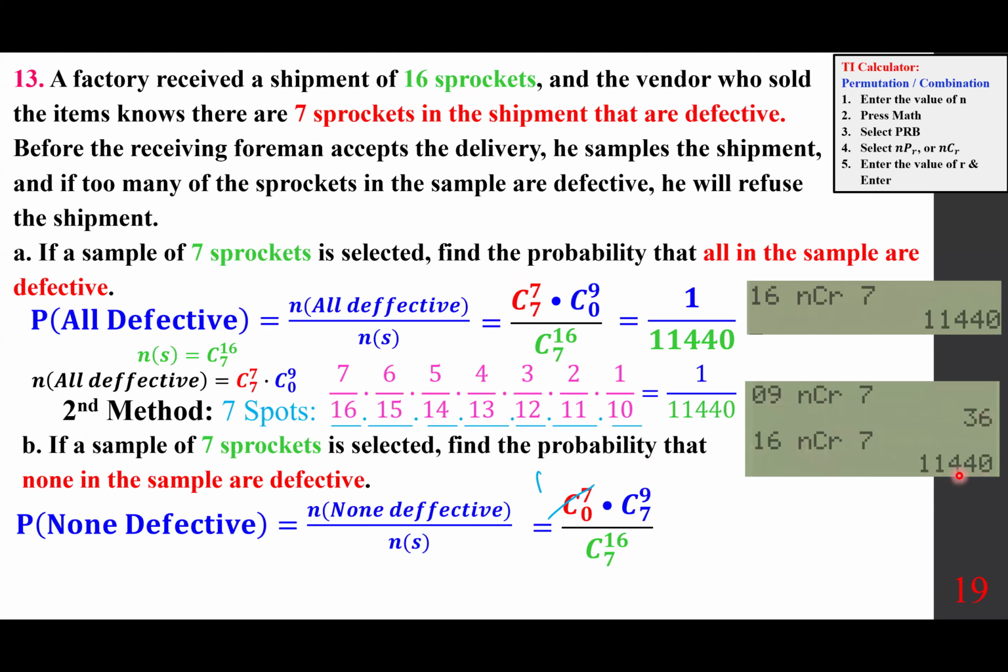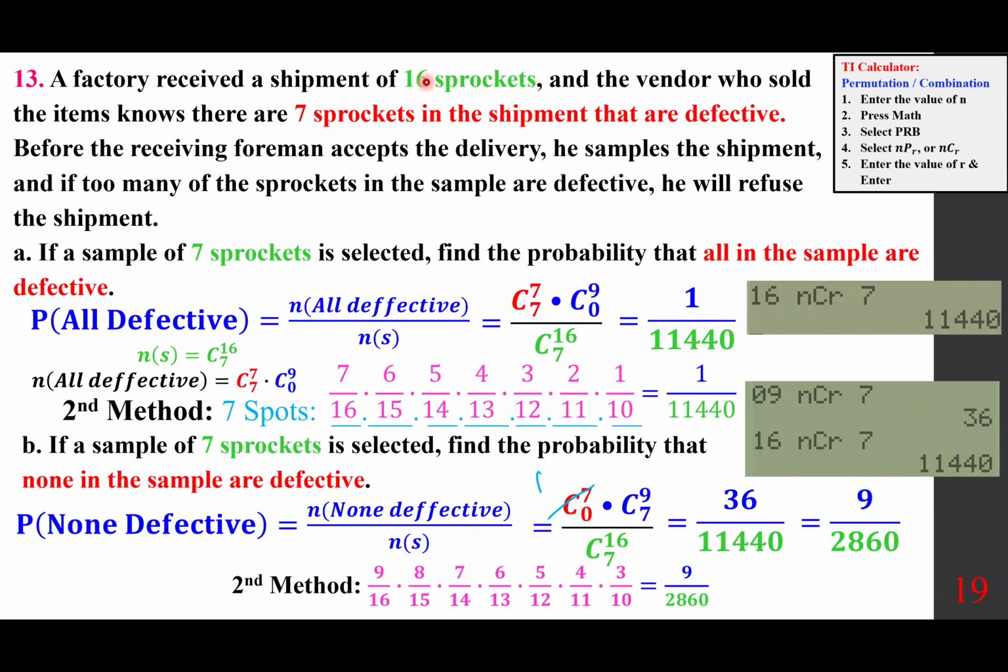The other one, we already have the same answer. The ratio and the simplification gives us 9 over 2860. Now, the second method is that the very first step, remember what we want, is to select so that none is defective. So the very first one is 9 out of 16. And then it goes down, 8 out of 15, and so on and so forth. And the final answer is 9 over 2860.